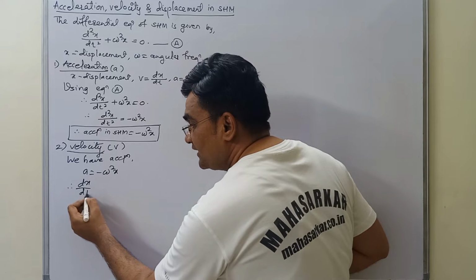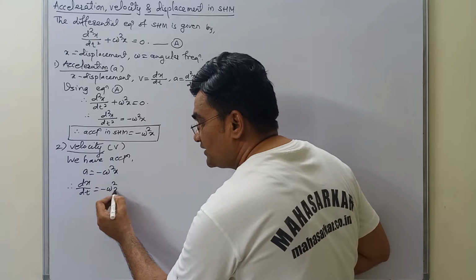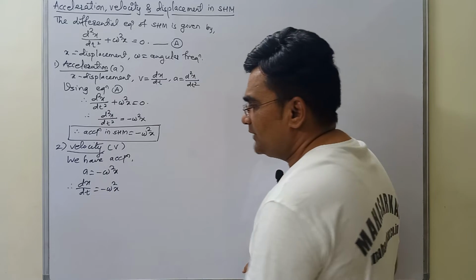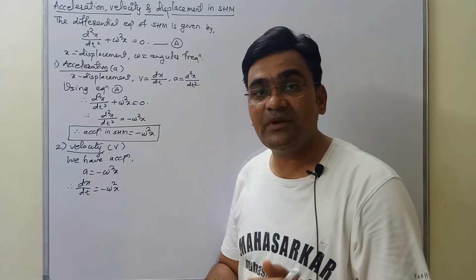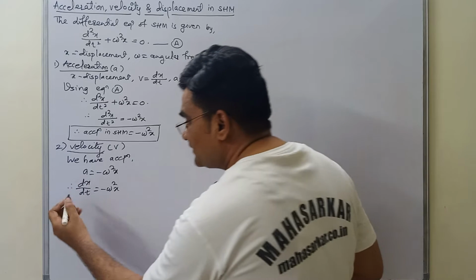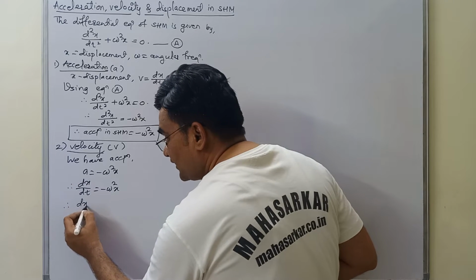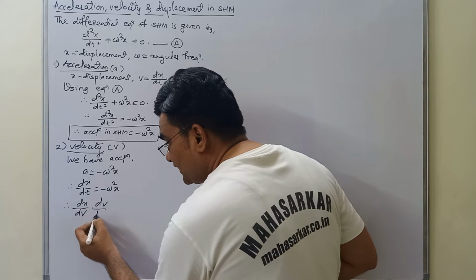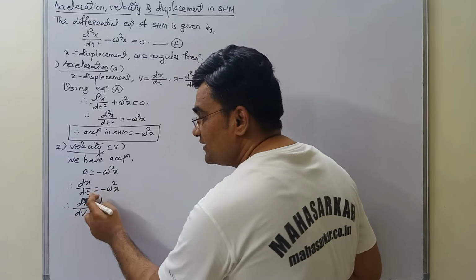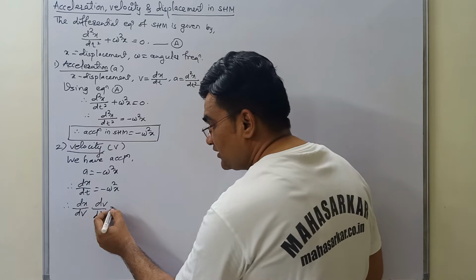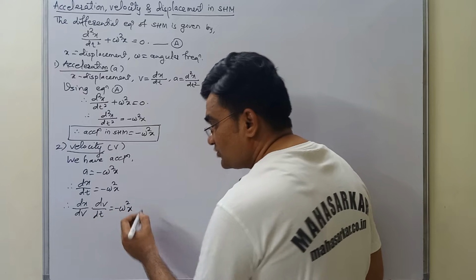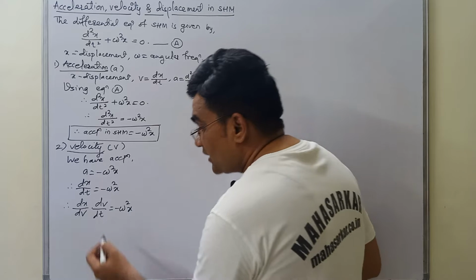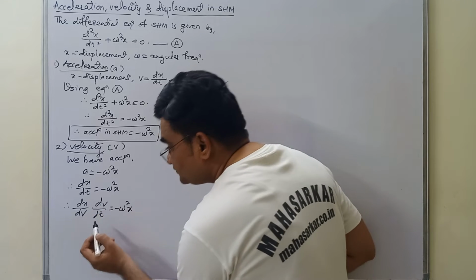I will just adjust the term. If you have gone through the mathematics, using the chain rule I am writing dv upon dt as dx upon dt into dv upon dx.